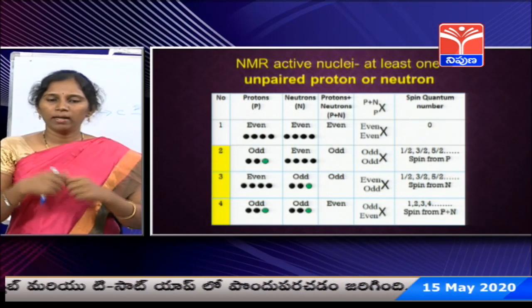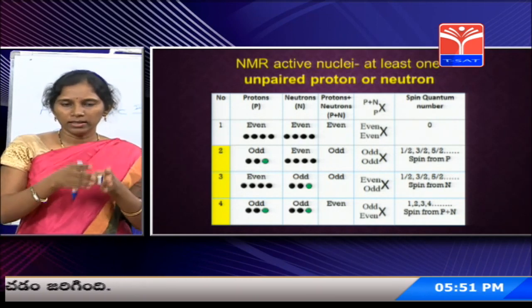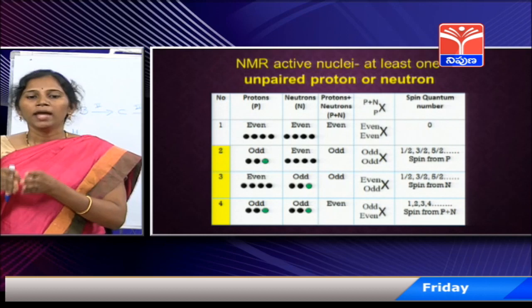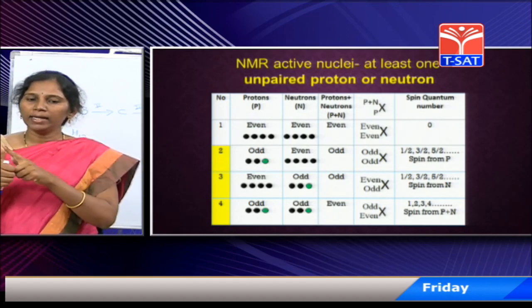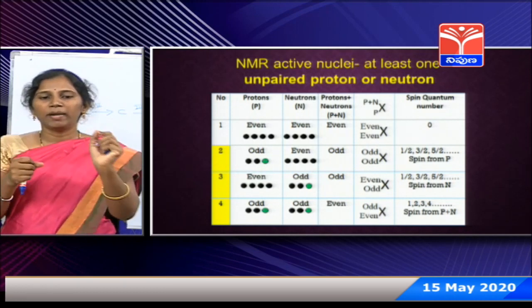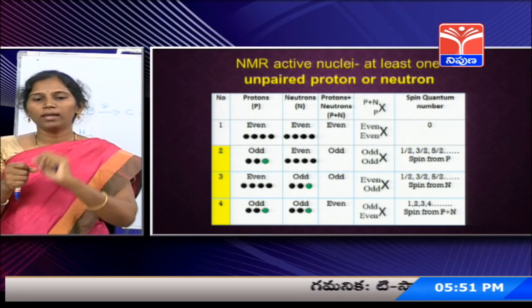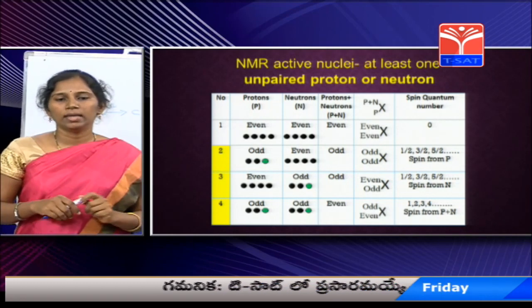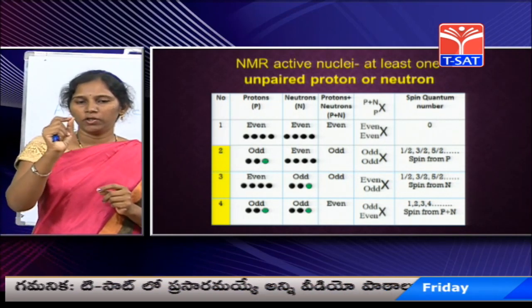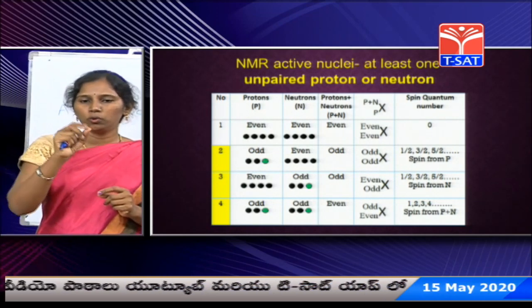From our elementary physics we know that a charged particle, if it is in motion, produces an electric field and a magnetic field perpendicular to it, and hence this particular nucleus acts as a magnet, and the hydrogen proton is the best example for this. And the spin is half, and the spin states are 2 into 1 by 2 plus 1, which is 2.